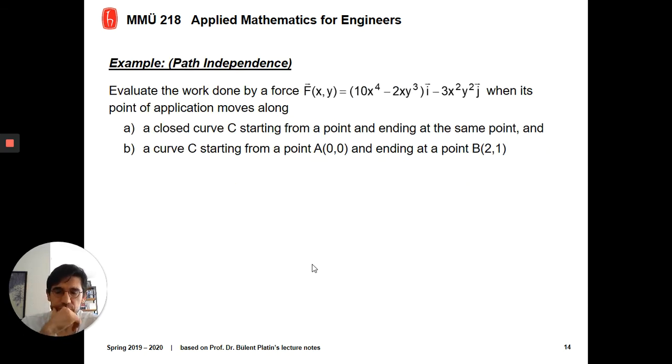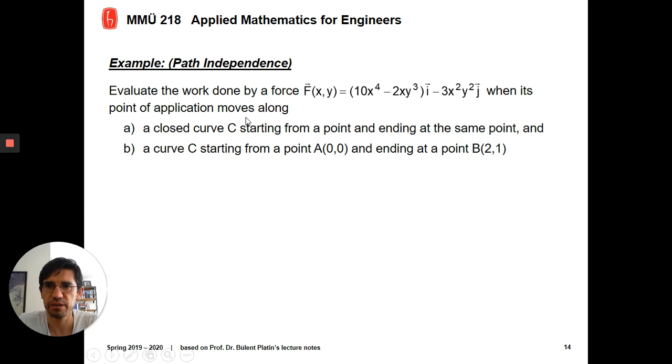Now, let's have a look at path independence and its relationship with all we have learned here. If I want to evaluate the work done by this force field, right?